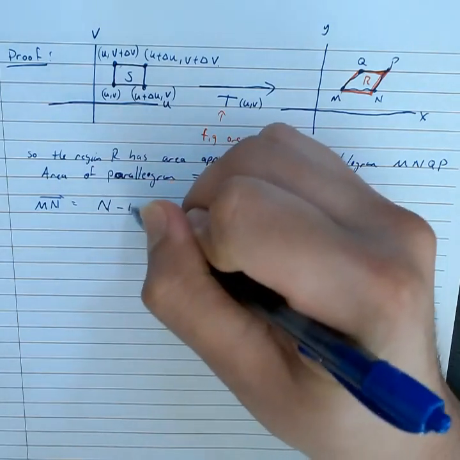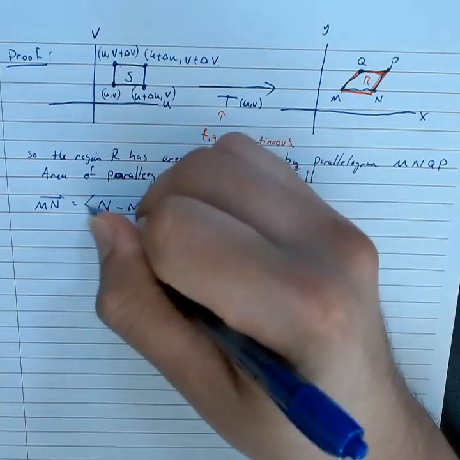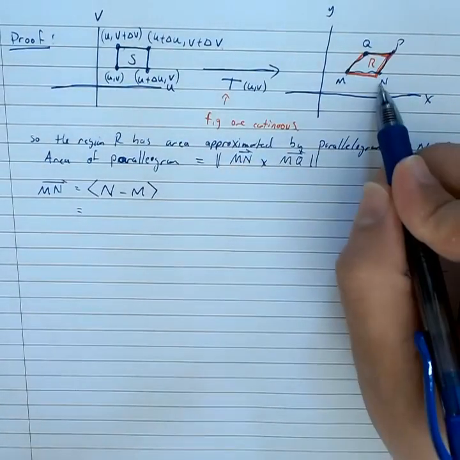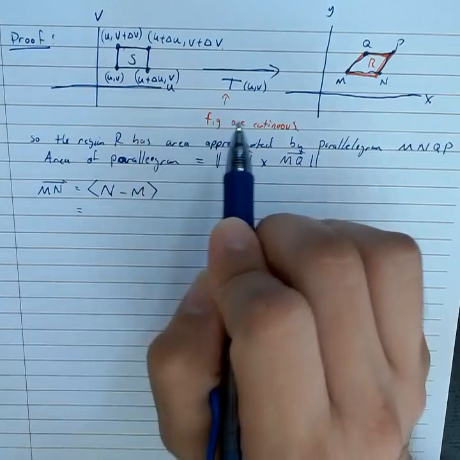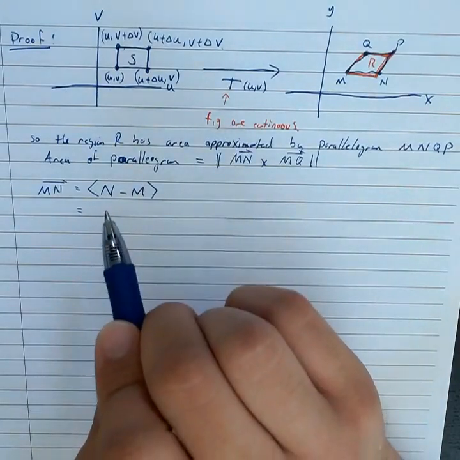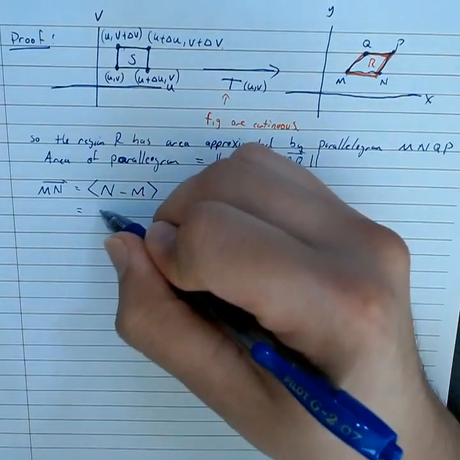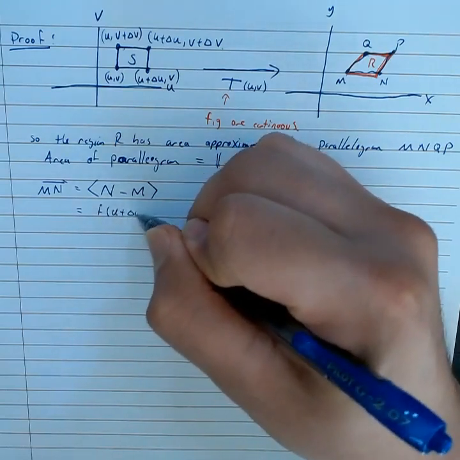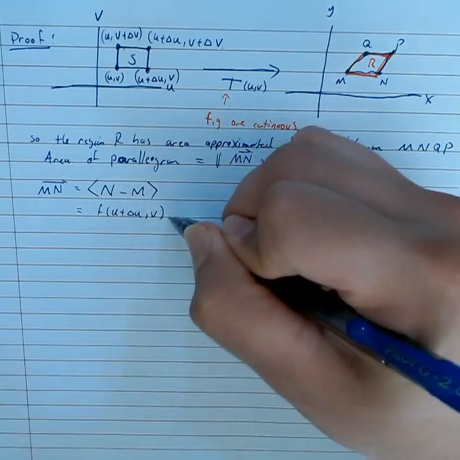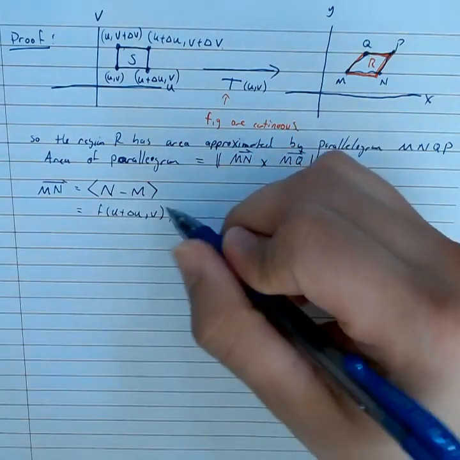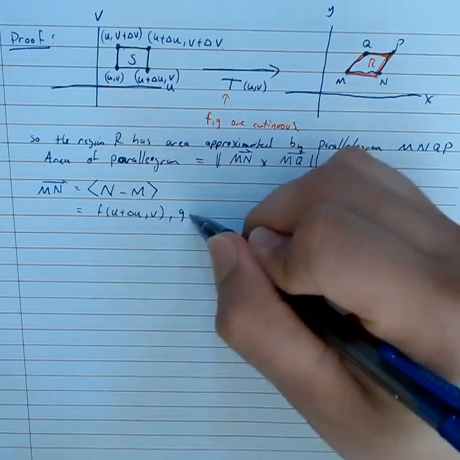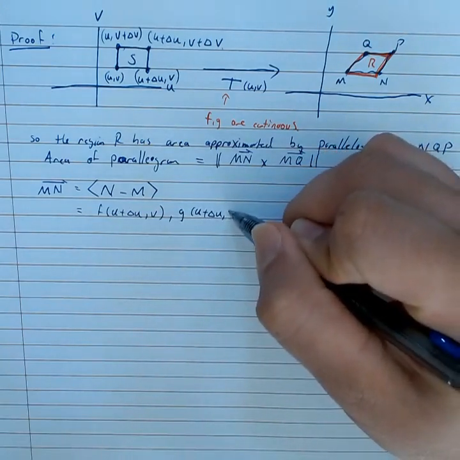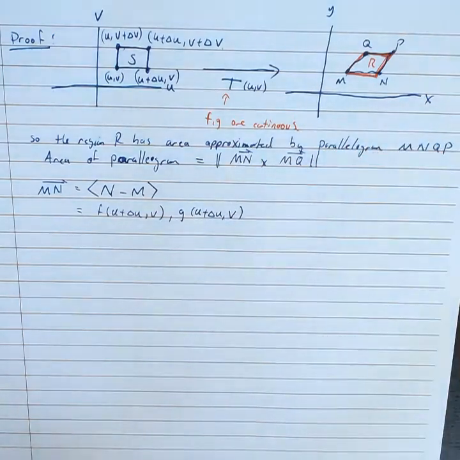So that's going to be the vector given by n minus m, which is going to be given by, well, n is what you got when you took both of those and passed them through f and g. So that's going to be f of u plus delta u comma v, and that's the first component, and then g of u plus delta u comma v, like that.